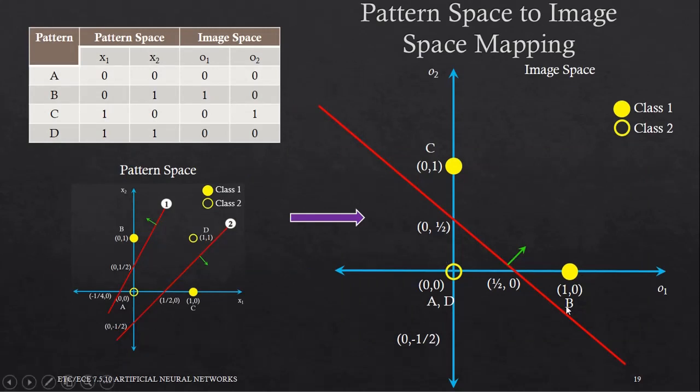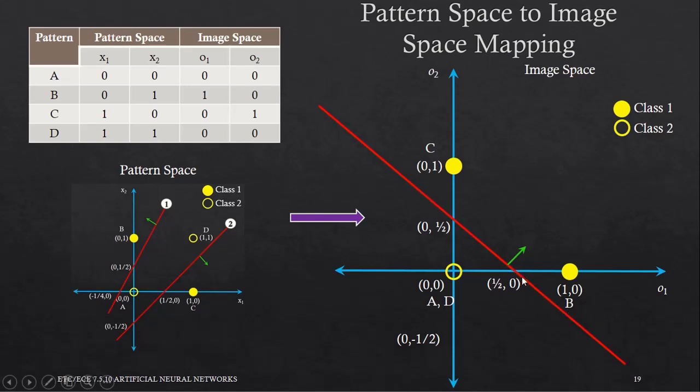We can see from this space that the patterns A and D collapse in the image space into a single image 0, 0. Now the patterns are linearly separable. We could choose a line passing through, say, 0, half and half, 0 to form a TLU.